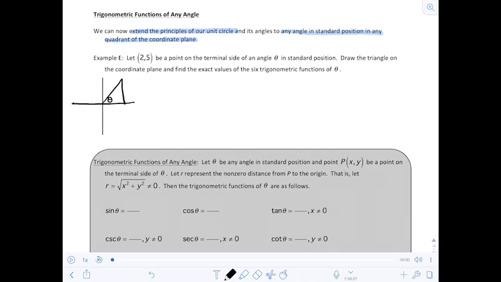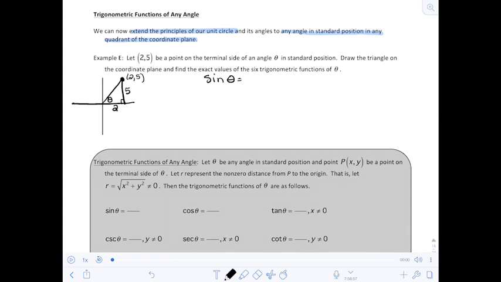So (2, 5) is this point right here, which means that to get to that point, I had to go over 2 and up 5. So it's a point on the terminal side of an angle theta in standard position. Draw the triangle on the coordinate plane and find the exact values of the 6 trig functions.